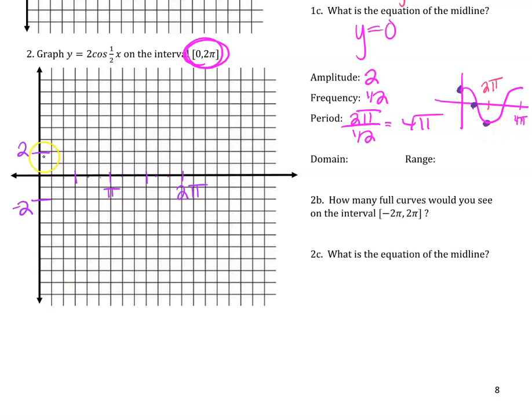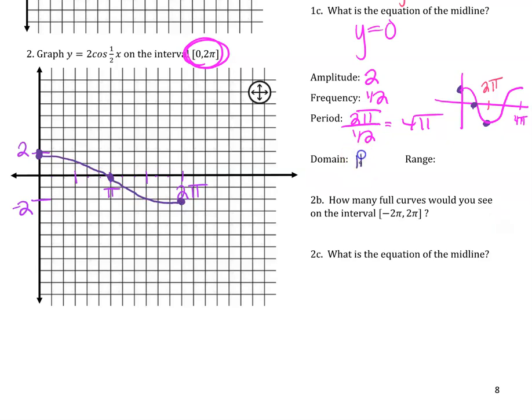So I have a maximum here at 2. We're starting above the midline. After 2 pi units, we're going to end below the midline, and halfway, we're at pi. Do not do a straight line here, because this is a cosine curve, so give it a little bit of curve to it. And that's your graph.